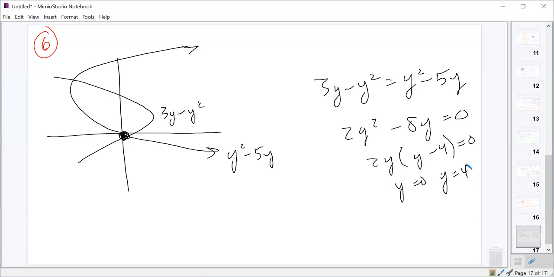Since everything is written in terms of y, and one function is clearly always to the right of the other for all y values in that region, we will integrate in terms of y.